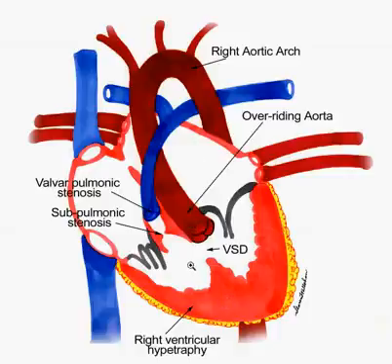So the worse this pulmonic stenosis is, the less blood you're going to get up in your pulmonary system, the less blood is going to be oxygenated, the less oxygen you're going to get to your tissues, and the less blood you're going to get to your brain, and you're going to pass out.